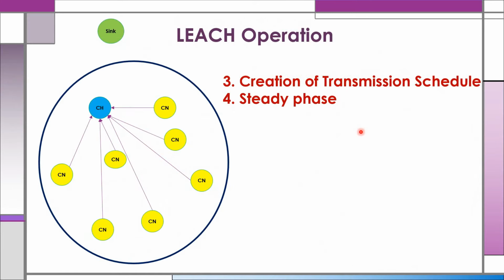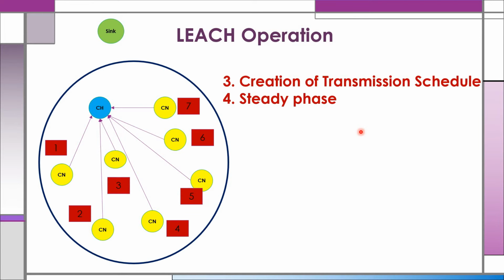So in the next part, the third phase of operation, creation of the transmission schedule, you can see 7 nodes are available in this particular cluster. The first time slot is allotted to this node. In a similar manner, the second time slot is allotted to this node, and the 7th time slot is allotted to this node.